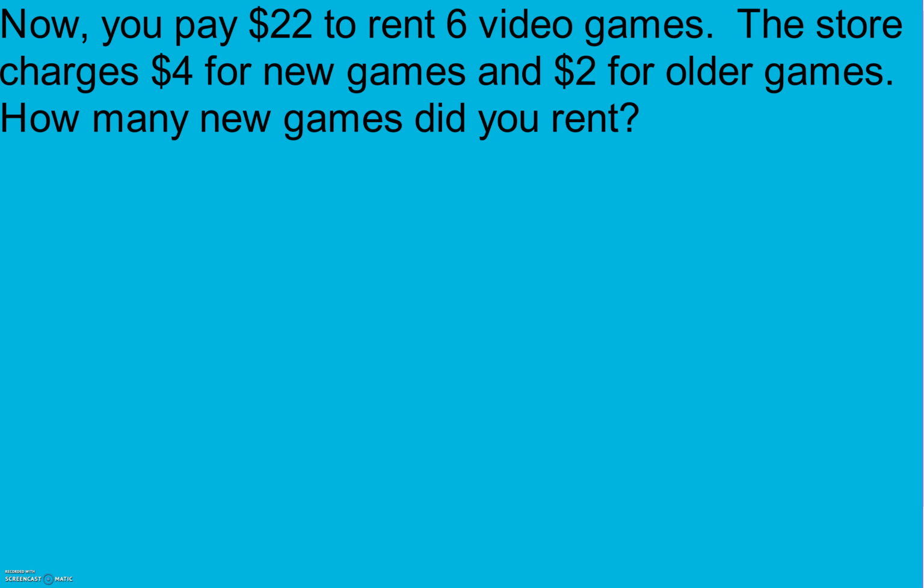Now, you pay $22 to rent 6 video games. The store charges $4 for new games and $2 for older games. How many new games did you rent? So we pay $22, that's our total amount of money, so our total cost, for 6 games. That's our total quantity.